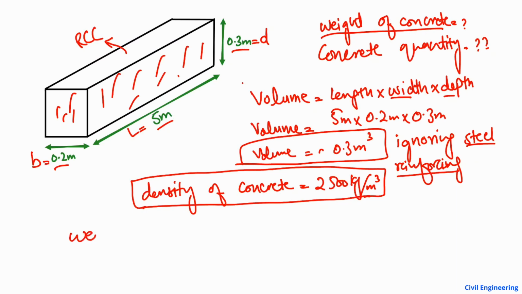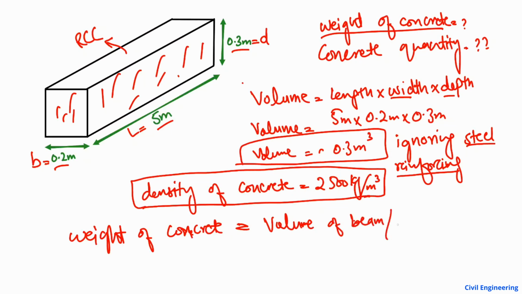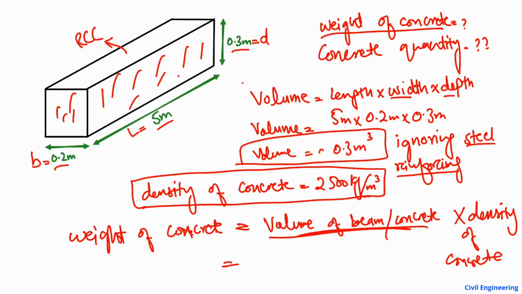Now to find out the weight of concrete for this beam, we have to multiply the volume of the beam, or volume of the concrete, with the density of the concrete.